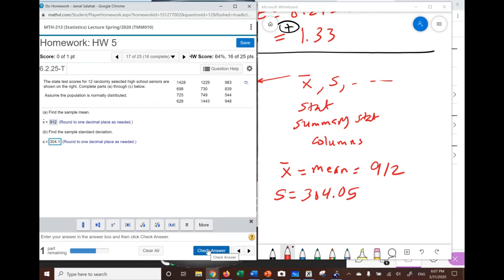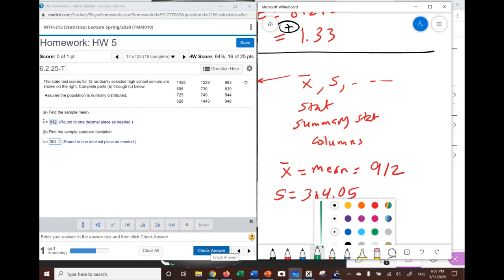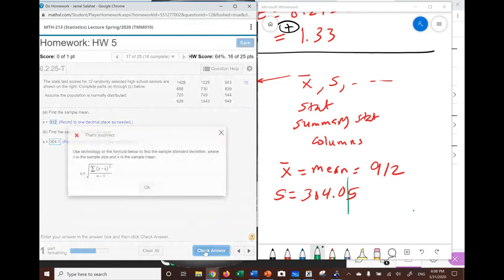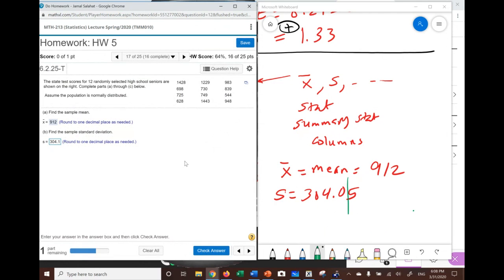I don't need more than that because they said they want us to go one place only. So we're going to go 304.1. Oops. Find the standard deviation. Let me go back. It says in here 304.1 is wrong. Let me just look back at it.